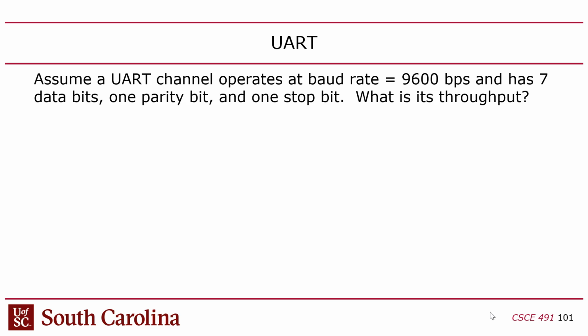Okay. Assume a UART channel operates at a baud rate of 9600 bits per second. Oh, by the way, with the Arduino framework, IDE, one of the things I really like about it is you can set the baud rate in your code. And then when you set up your local console, your serial console, you just match that to whatever the code said to use, which is nice because normally you don't know, like if you have a new device, right?